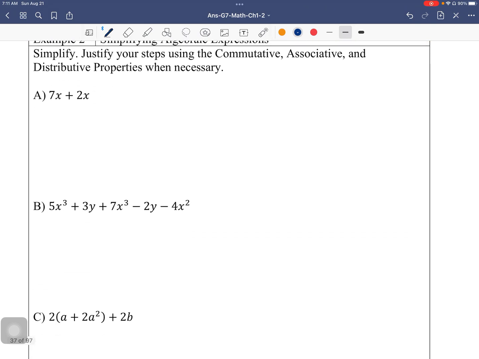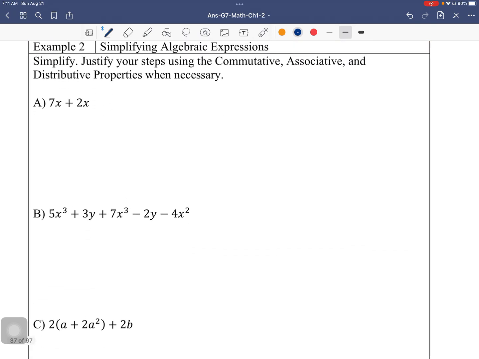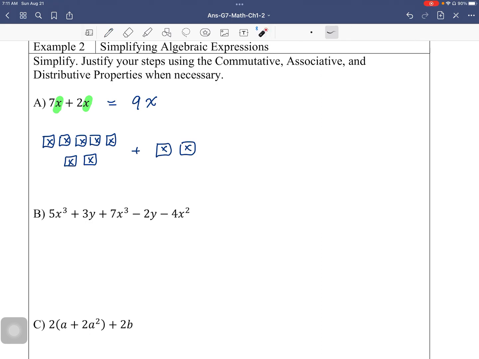And then in example 2, I have x and x. So 7x plus 2x equals 9x. We can think of there being 7 x's, and plus 2x, so in total I have 9x: 1, 2, 3, 4, 5, 6, 7, 8, 9.